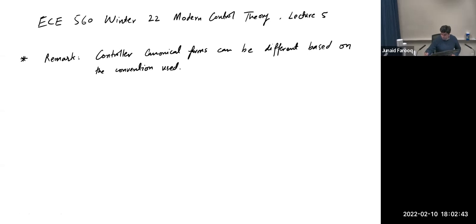Okay, so let's do a quick proof to see why this is even possible. Assume that a system is already in a controller canonical form.